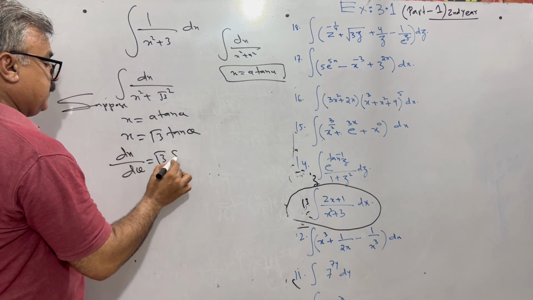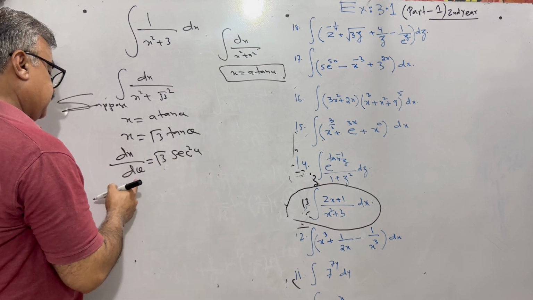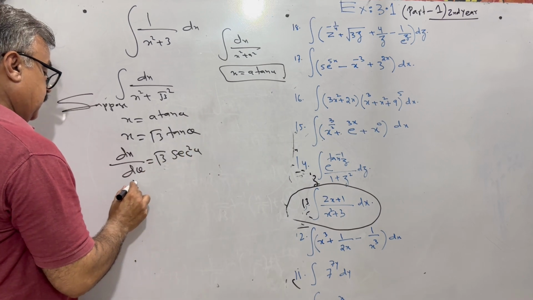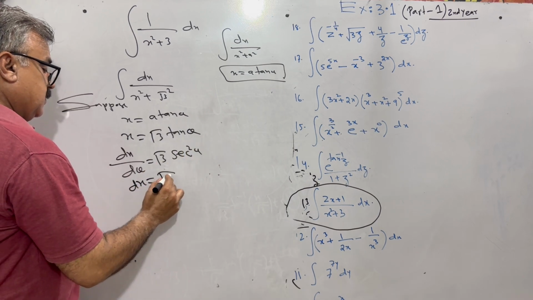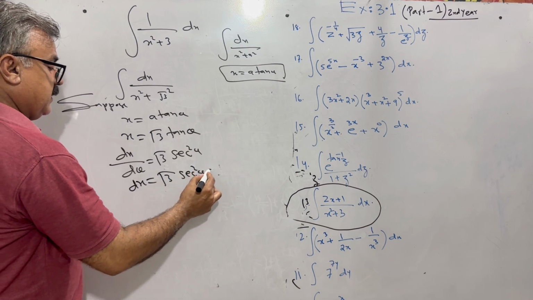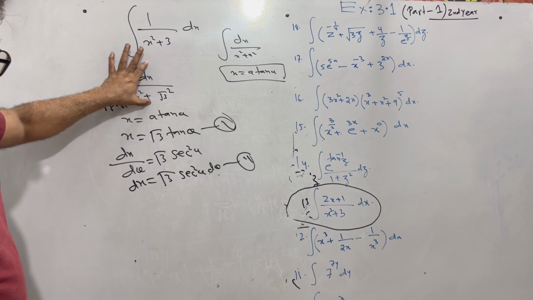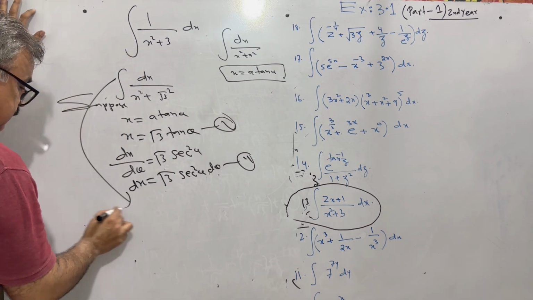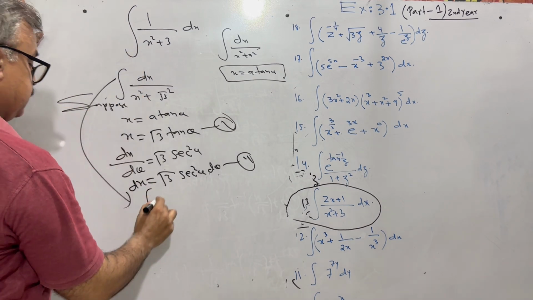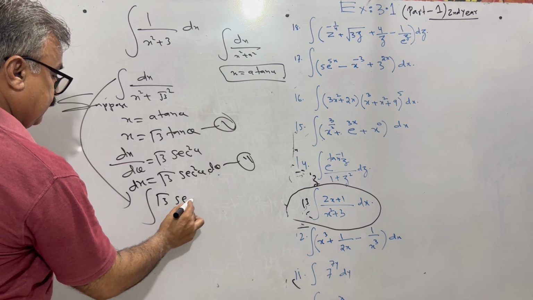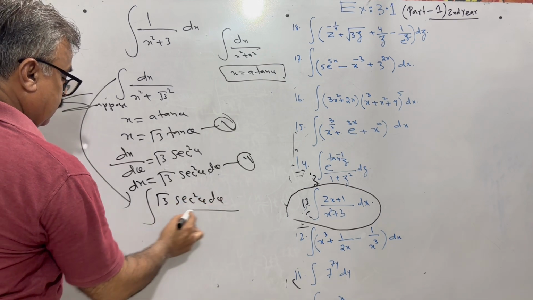I have root 3, and the differentiation of tan is sec square theta. So the differential dx is root 3 times sec square theta d theta. That's the second value, that's our first value. Put it here. So our question takes the shape like this: dx means root 3 sec square theta d theta over all.